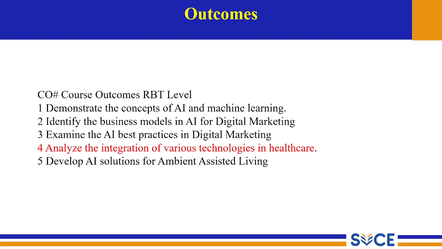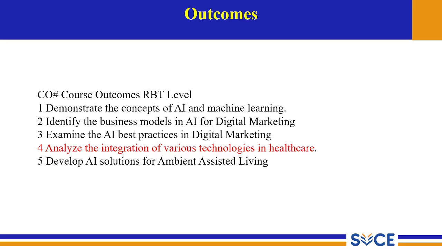Now, what should you be able to do after completing this unit? Let's break it down. So, we are in the fourth unit. The fourth outcome is to analyze the integration of various technologies in healthcare. This is really the heart of this unit, looking at how AI works together with robotics, sensors, cloud computing, and even genomics.